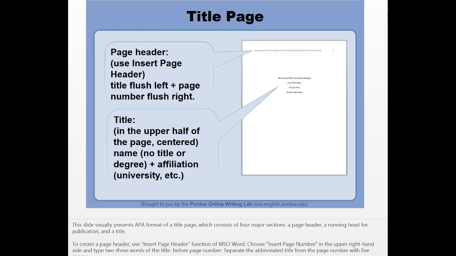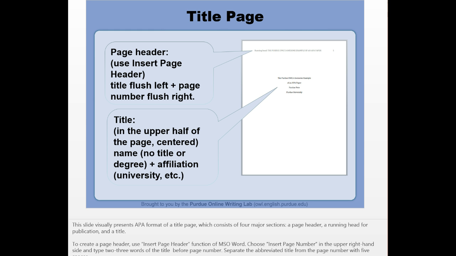On page 1, you're going to have the words running head, and the R in running is capitalized, the H in head is lowercase, and then you have a colon. And then follows the title of your paper. It's all in caps, and that starts on the left top of the paper. The right top of the paper, you have the number 1, which is the first page in this paper.